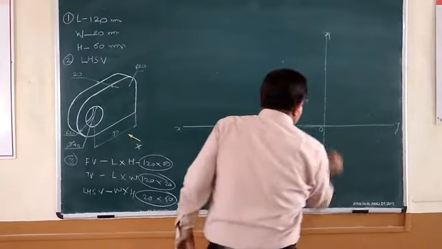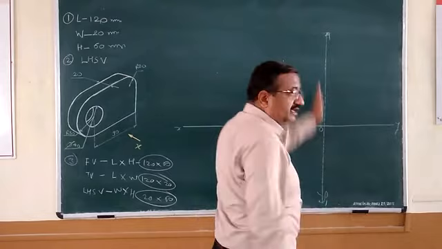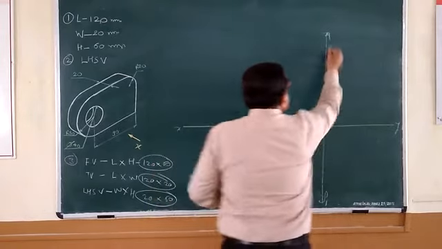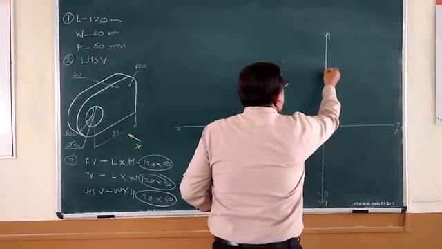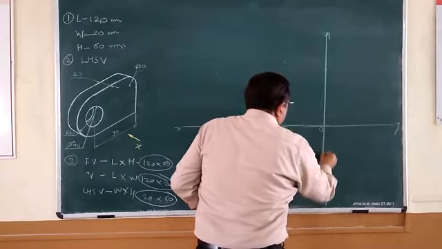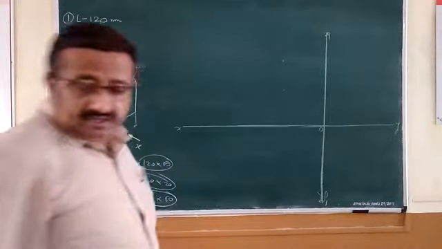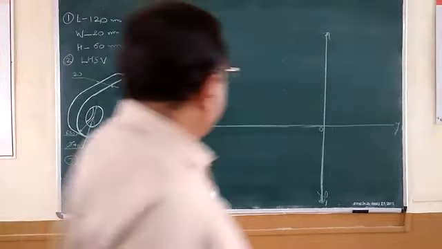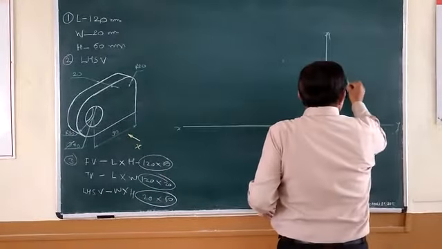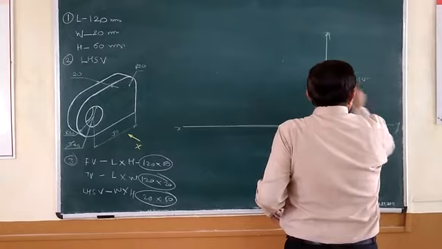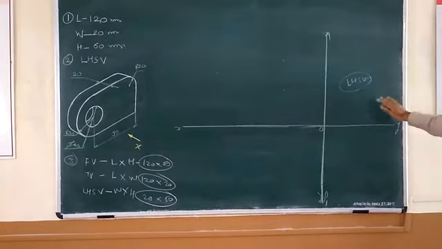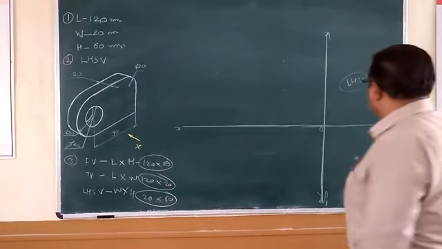X1 O Y1 is the vertical reference line. X O Y is the horizontal reference line. I will make it fair. Okay, so the side view area we have located here. We are going to construct its LHS image, so we should mention that this space is reserved for the LHSV.